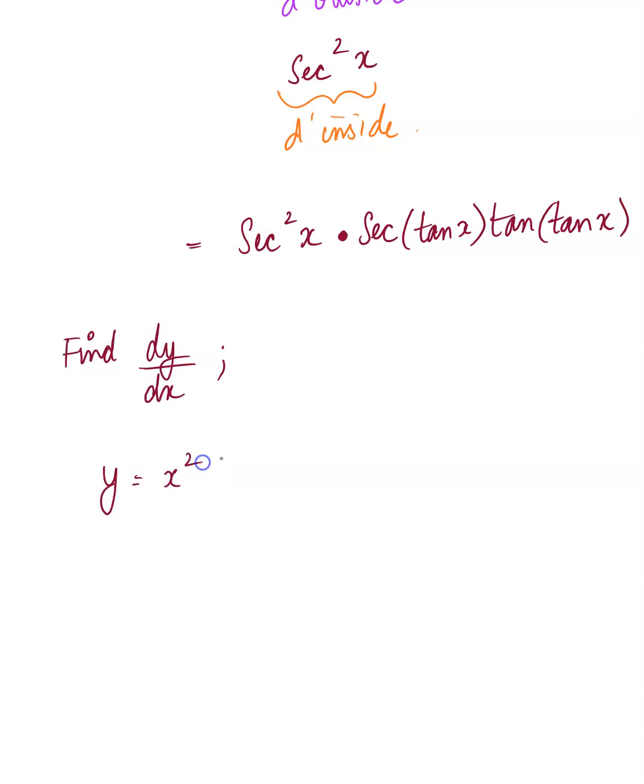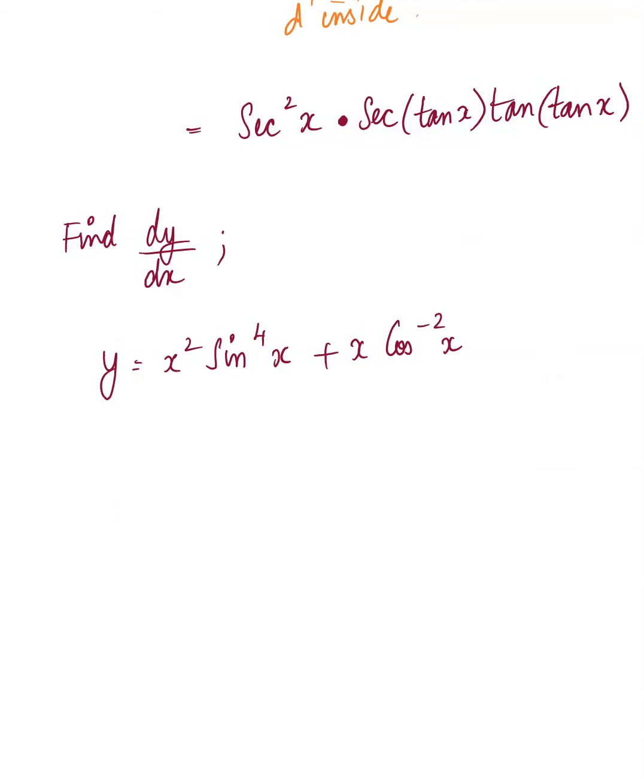You have x squared sine power 4x. Ooh. Okay, cosine power negative 2x basically is 1 over cosine squared x. Okay, you have something like this, no problem.